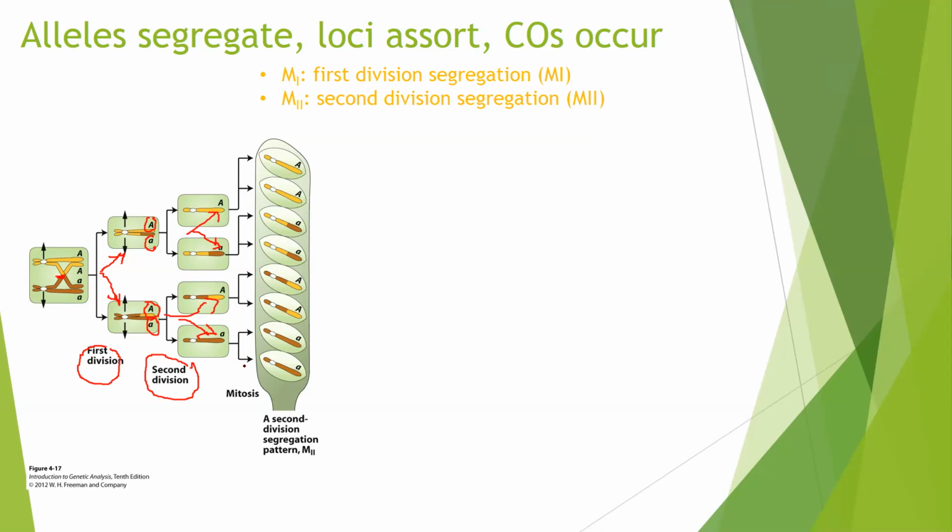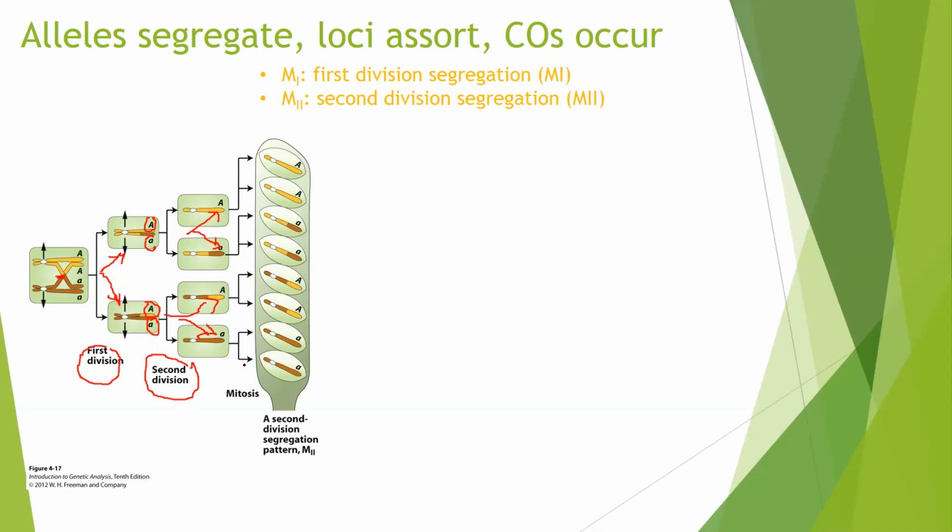We're talking about the distance between the centromere and the gene, because now you can treat the centromere as a gene. So we want to measure the distance between this gene and the centromere, right?